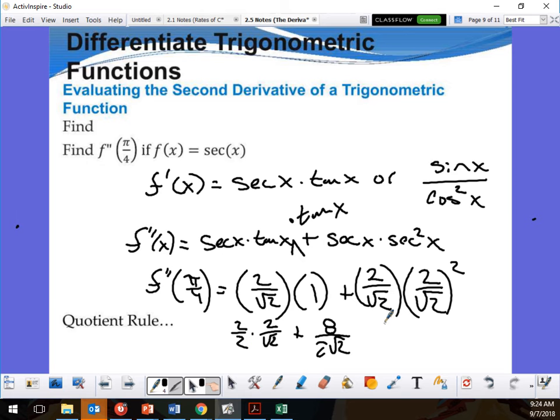So it's going to be 4 plus 8 is 12 over 2 rad 2. And then reduce and rationalize. So it's going to give me 6 rad 2 over 2, which reduces again to 3 rad 2. Bam!